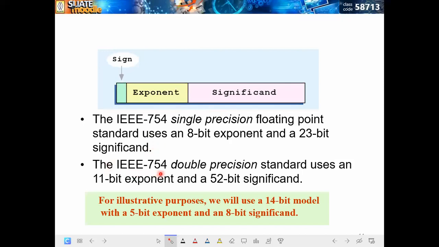The IEEE 754 double precision standard uses an 11-bit exponent and 52-bit significant, right? You can see there are two ways of representing floating point numbers. But here in your syllabus, we are going to consider the IEEE 754 single precision floating point standard.